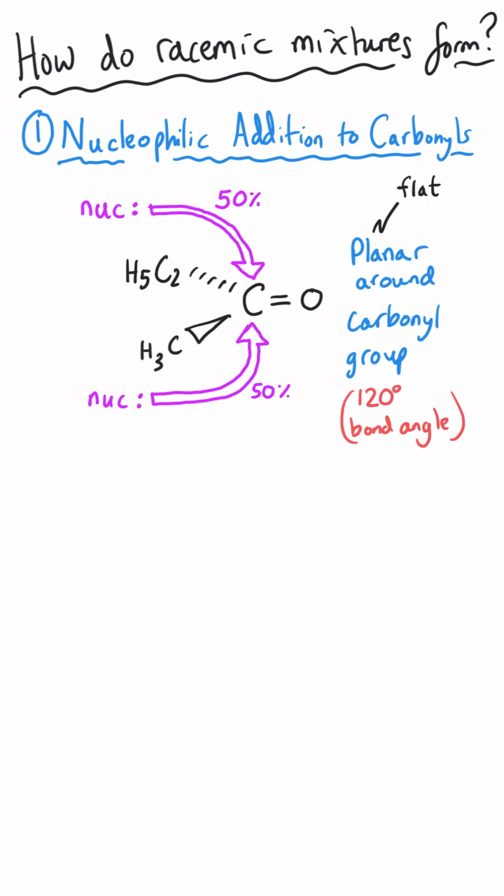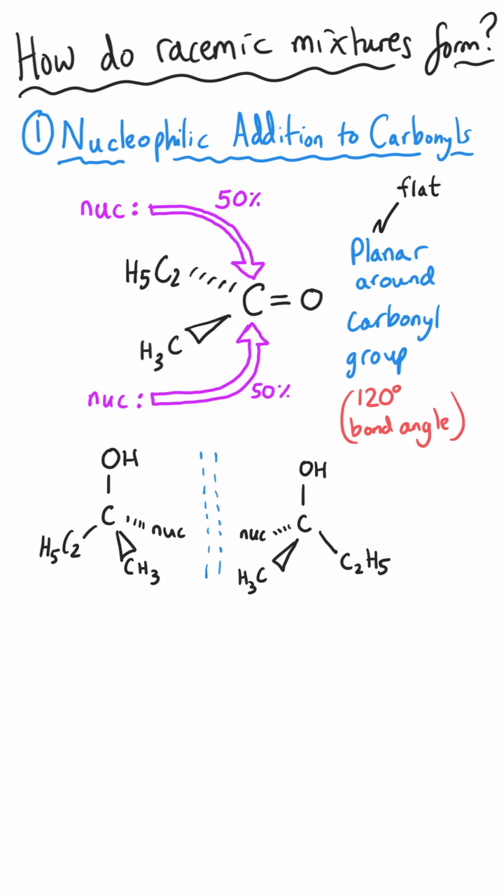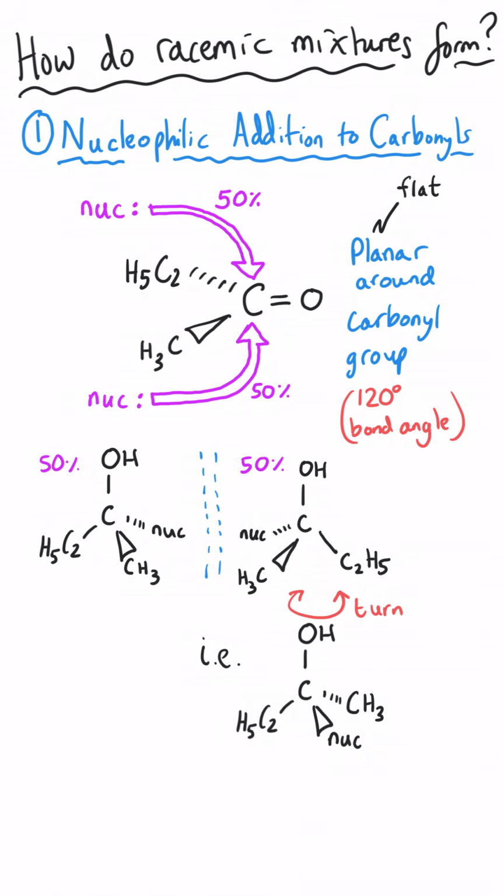Both are equally probable, and so both will happen in equal amounts. And so ultimately, when you get your product, you will get a 50-50 mix of the 2 products where the nucleophiles are different arrangements in space. Sometimes they might be pointing outwards towards us, other times they might be pointing into the screen away from us.